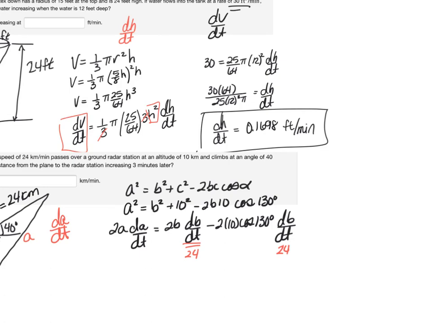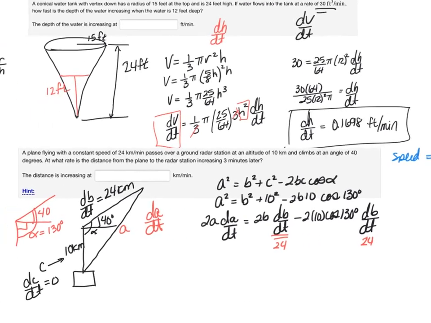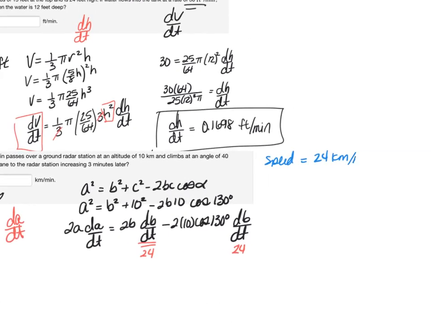If my speed is 24 kilometers per minute, so that we don't even worry about units, at 3 minutes that leg of the triangle is going to be 24 times 3, which is 72 kilometers.